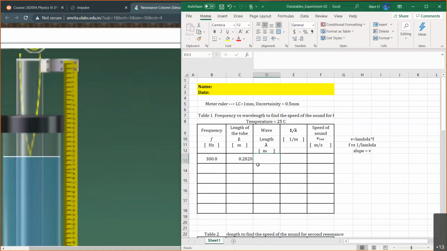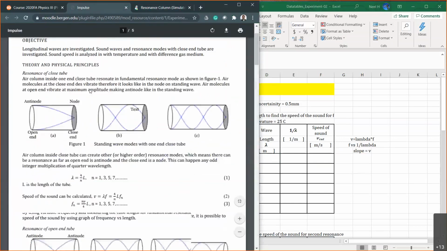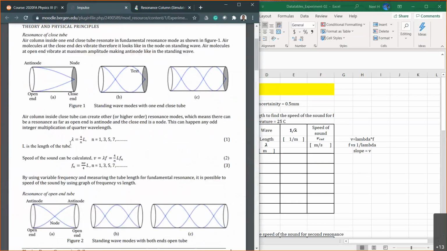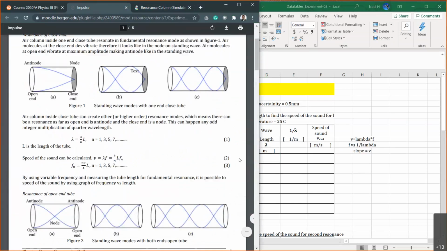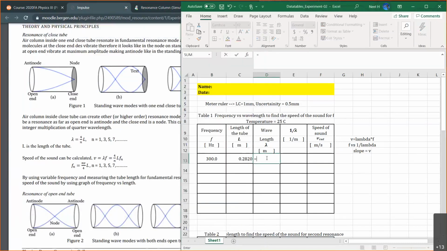Let's do this calculation for the first one. Lambda, you can go back to page number 1 and take a look. Lambda is 4L over n. So I can basically do 4 times the length of the tube, and I get the lambda. That's good for significant figures, right?